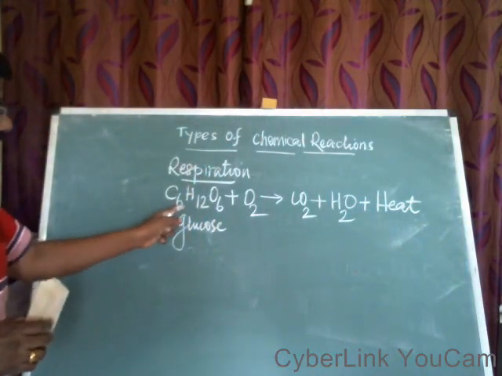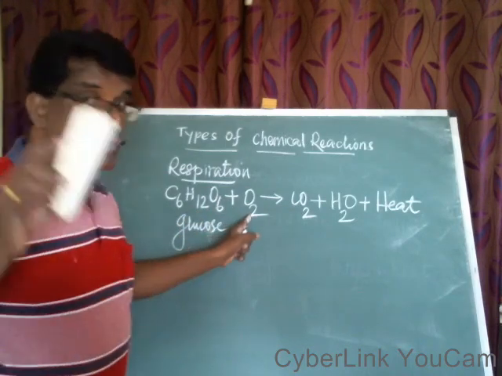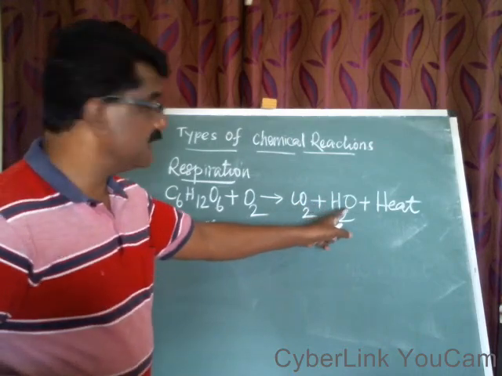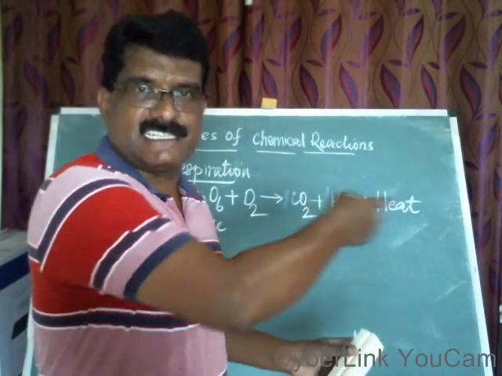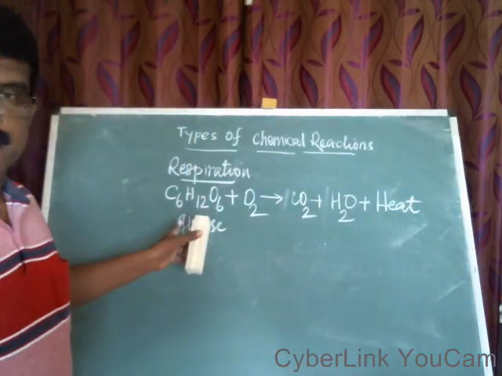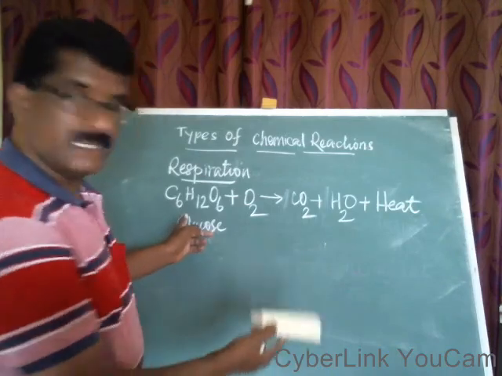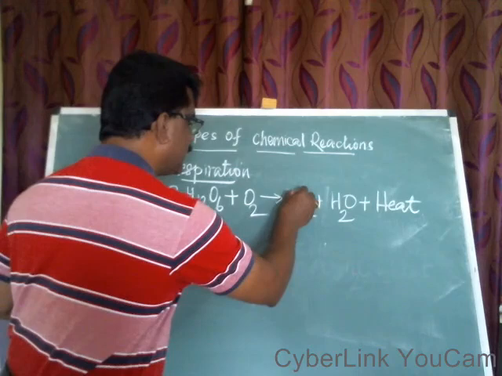Here C6H12O6, that is glucose, when burnt with oxygen or oxidized, produces carbon dioxide and water along with the release of heat. Now let us balance this equation. There are 6 carbon atoms on the left-hand side, but on the product side only 1 carbon is there.